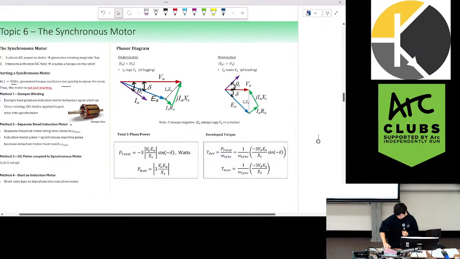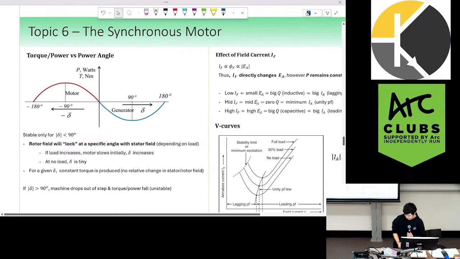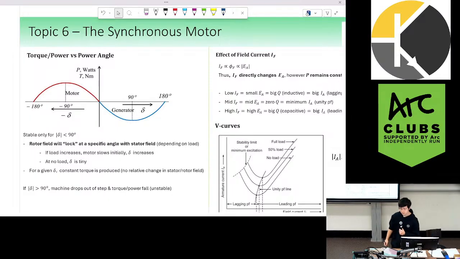More equations, more phasor diagrams, torque power characteristic. Sorry, this is the delta power or delta torque characteristic, where we can see related sinusoidally, we have maximum torques on either end.